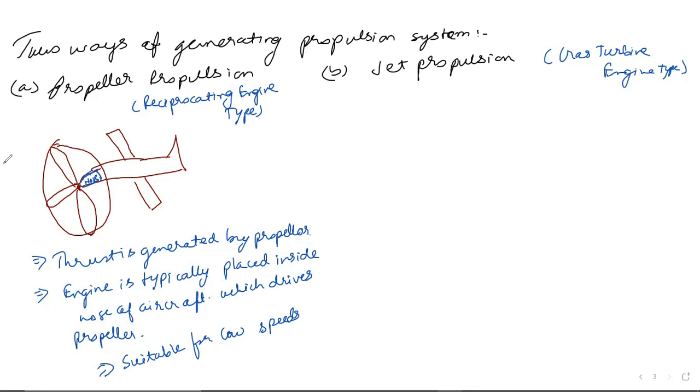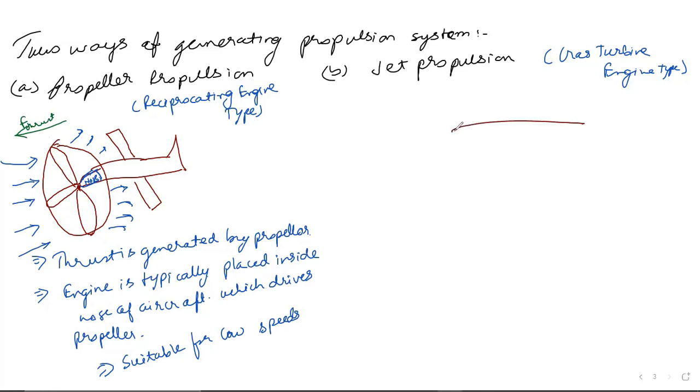Here all the air comes in and all the air goes out from here, right? So they generate the forward thrust. That is called thrust. Now, what happens in the jet propulsion system?